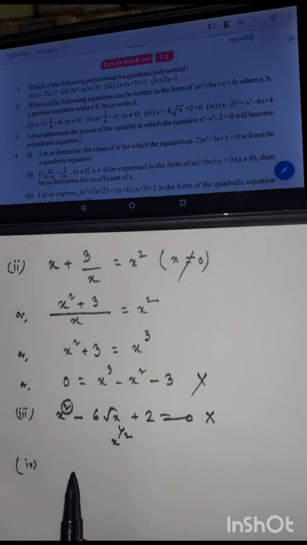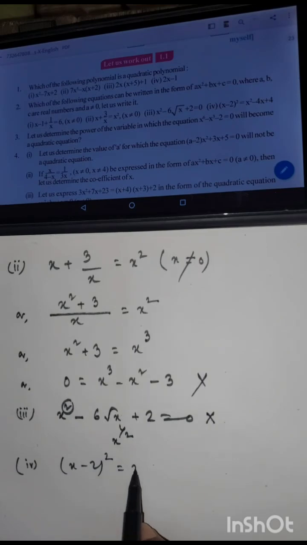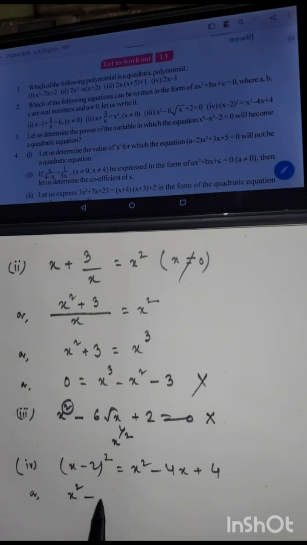Question number 4. If we open the bracket, we get x square minus 4x plus 4 equal to x square minus 4x plus 4.